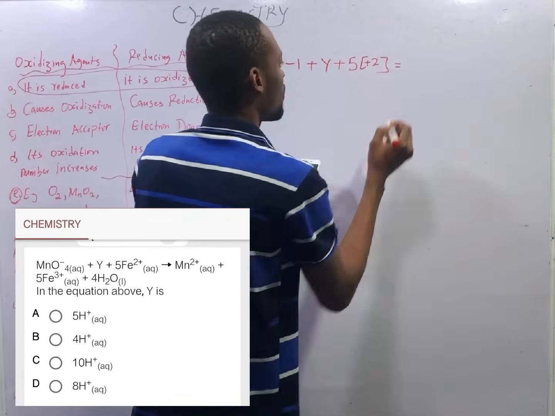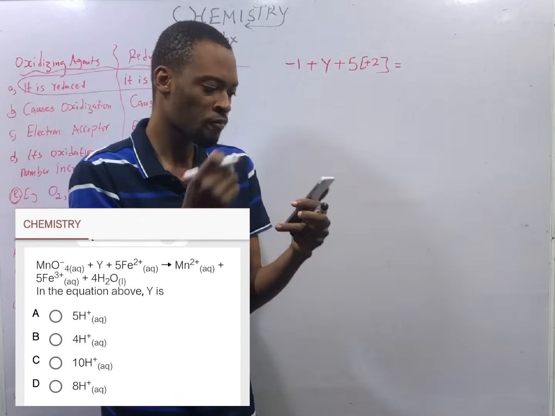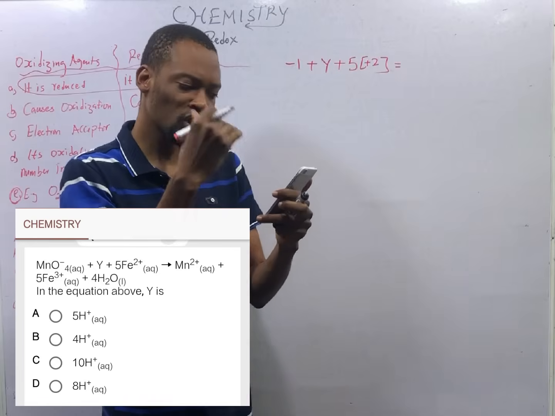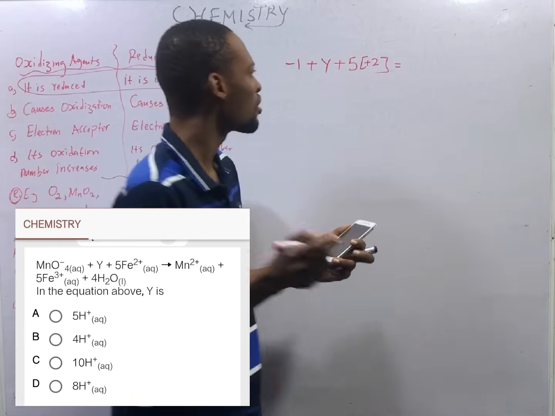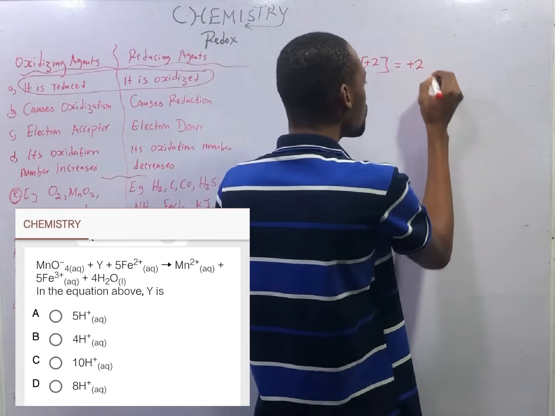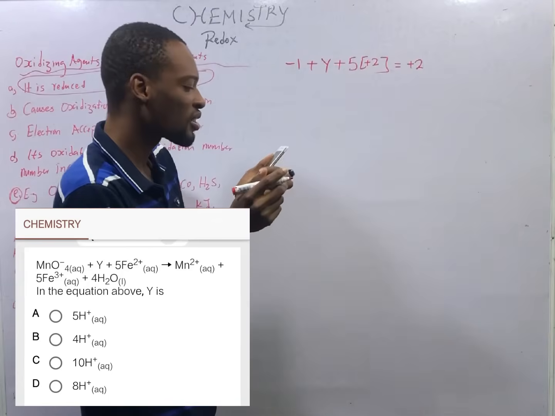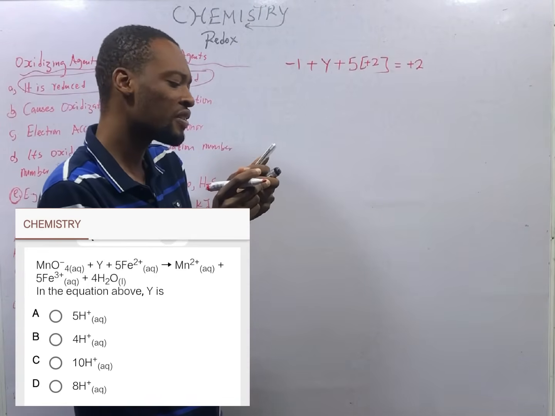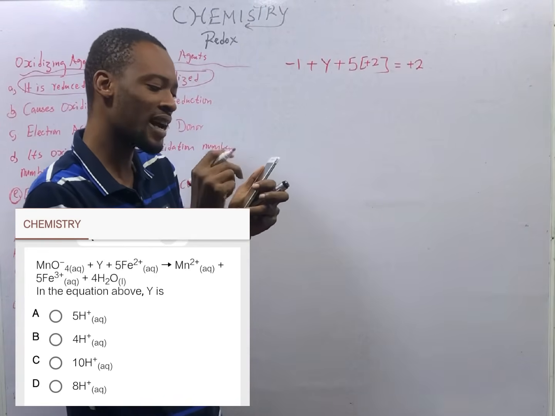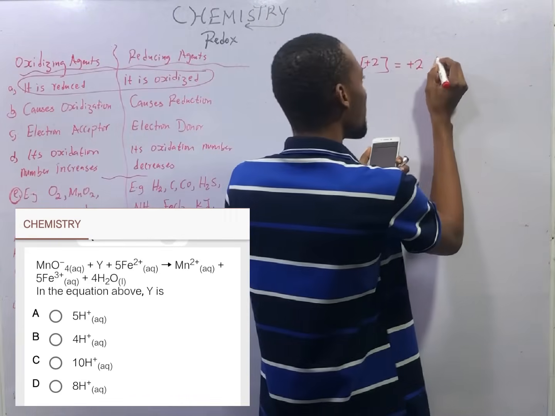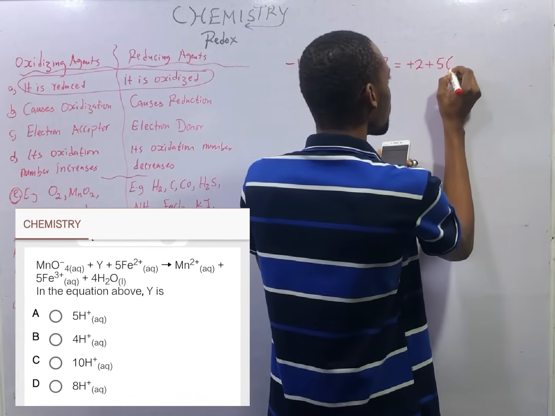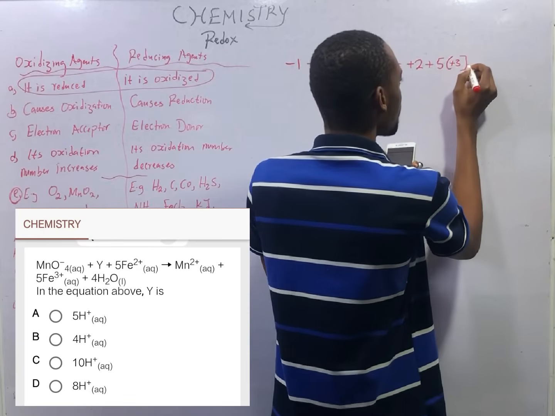This should be equal to the charge on the product. So for the product side, we have Mn2+. So the charge there is +2. Then plus, we have ion 3, Fe3+, and that is 5. So 5 will also multiply 3, plus 5 times plus 3.